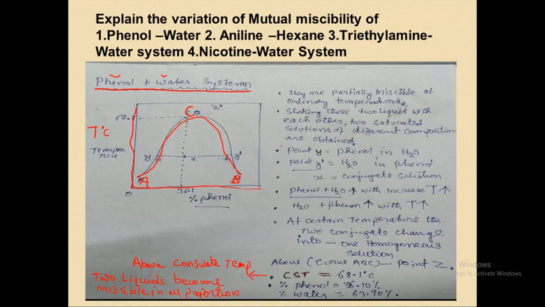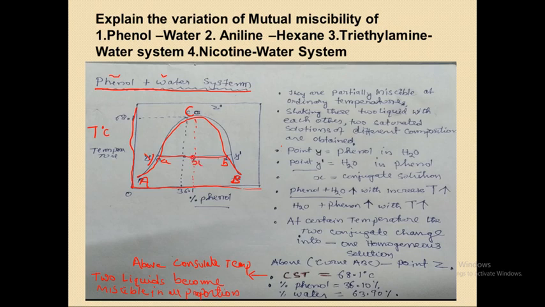A horizontal line is drawn joining these two curves, and let us mark A and B, and the point Y, and the middle point is indicated somewhere here. This point is X.